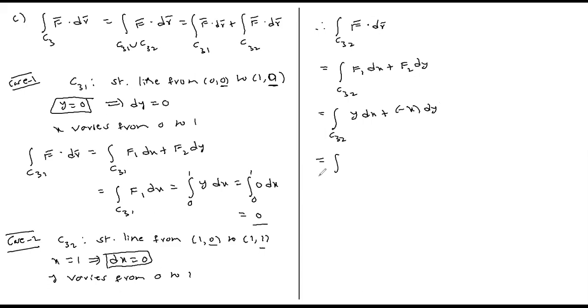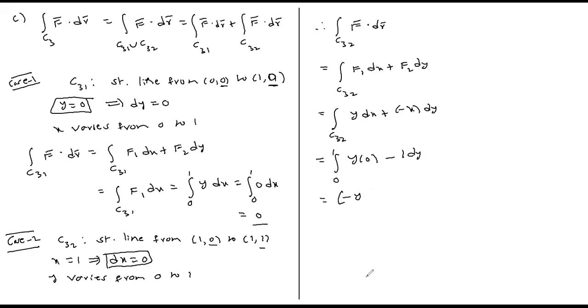So y into 0 minus x into dy. What is the x value? The x value is 1. There is no change in x, so instead of x, I can substitute 1. So 1 dy. Dx is 0 and the x value is 1. Therefore, 1 dy. y varies from 0 to 1.